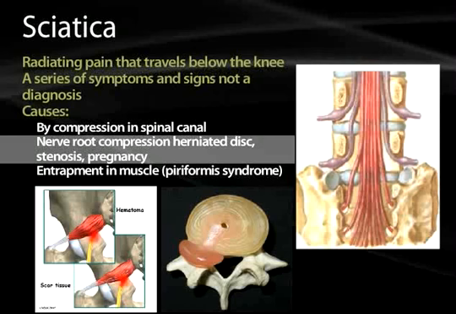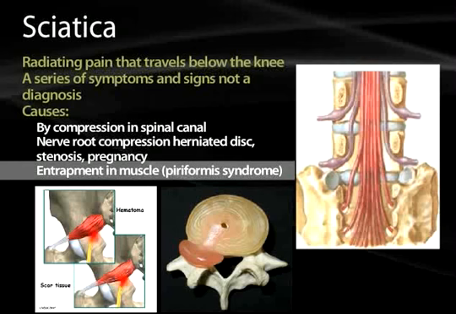And oftentimes it would be an entrapment of some sort, either through scar tissue or what you'll sometimes see is an entrapment in the piriformis muscle, because about 17% of people have their divisions of the sciatic nerve dividing through the piriformis, so that if that muscle spasms because of its lateral rotator work, you can have sciatica being produced.